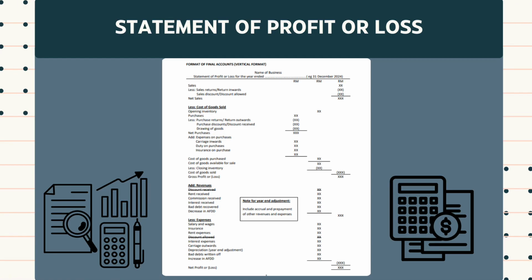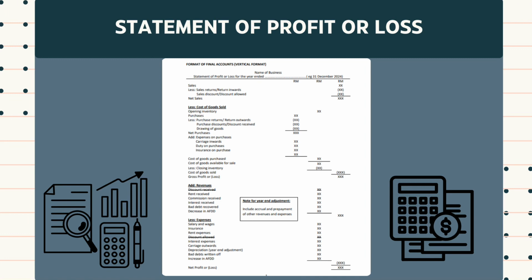resulting in gross profit. This figure shows the basic profitability from the company's core activities before accounting for other operating expenses. These expenses, which include marketing, administrative costs, and rent, are subtracted to calculate the operating profit, also known as EBIT, earnings before interest and taxes, which reveals the profitability from regular business operation.